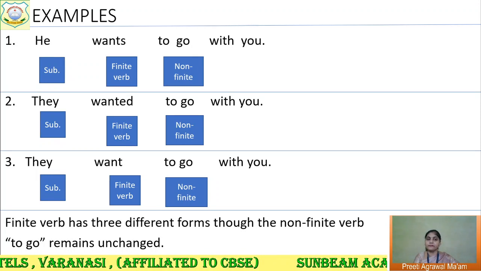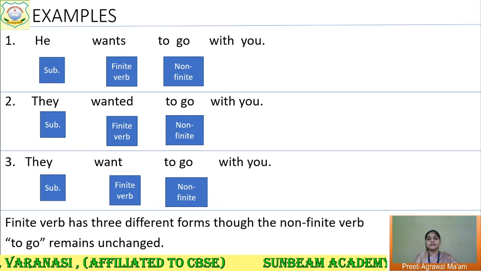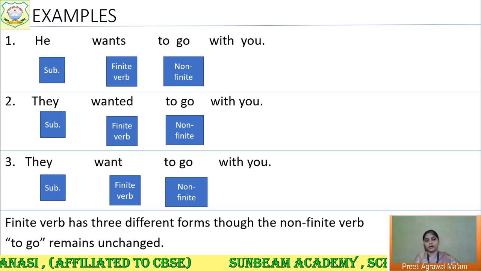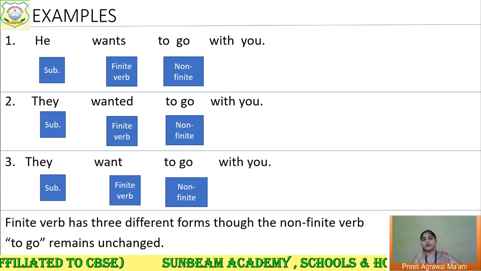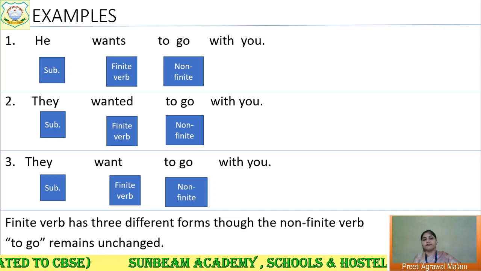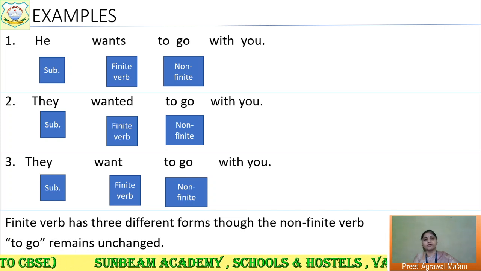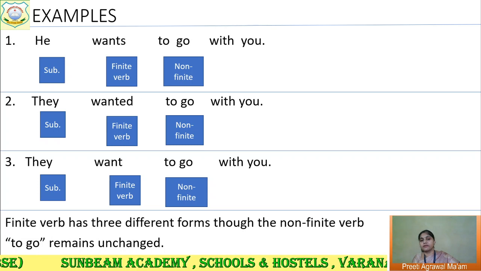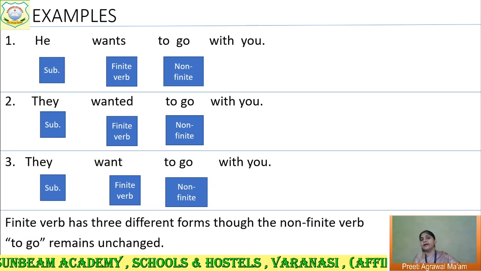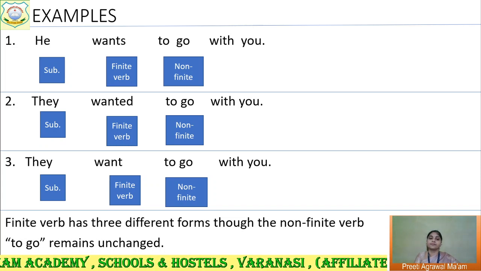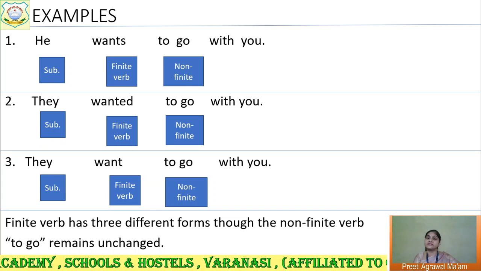Is it clear? I hope it is clear to you now. Here I am only telling you the difference between the finite verb and non-finite verb. I have still not given you all the three kinds of non-finite forms. That is still left.